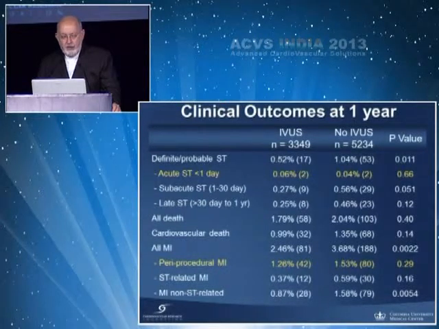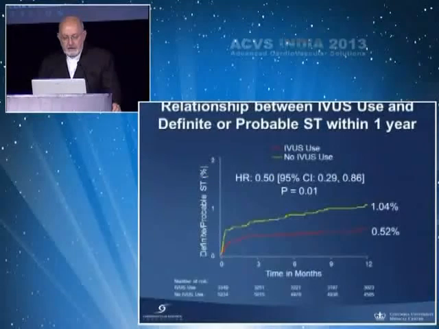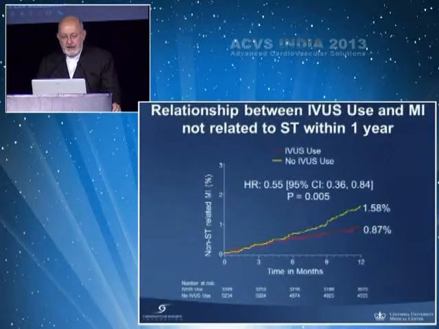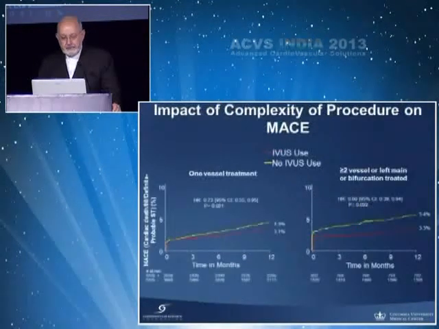At 1 year, we have a reduction in stent thrombosis and myocardial infarction. Here is the relationship between IVUS use and stent thrombosis within 1 year, a 50% reduction. And here is a reduction in myocardial infarction not related to stent thrombosis with IVUS guidance, again about a 50% reduction.